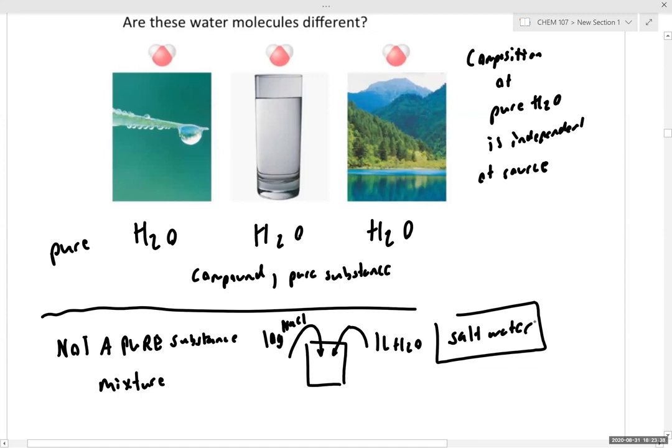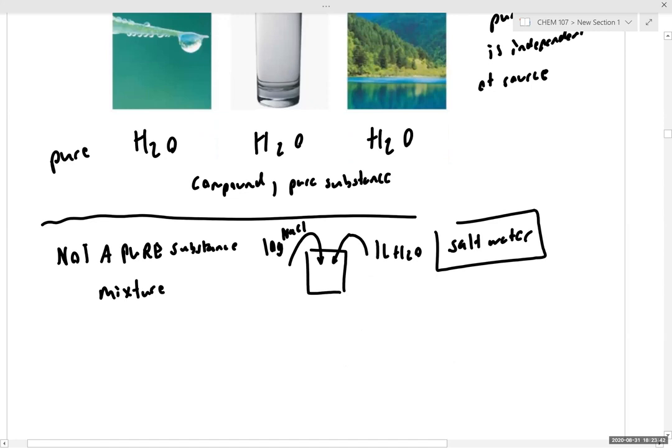So salt water is a mixture. It is not a pure substance. And the reason for that is that depending on how you make your salt water solution, depending on how much of each component you mix together, you will have a variable composition.